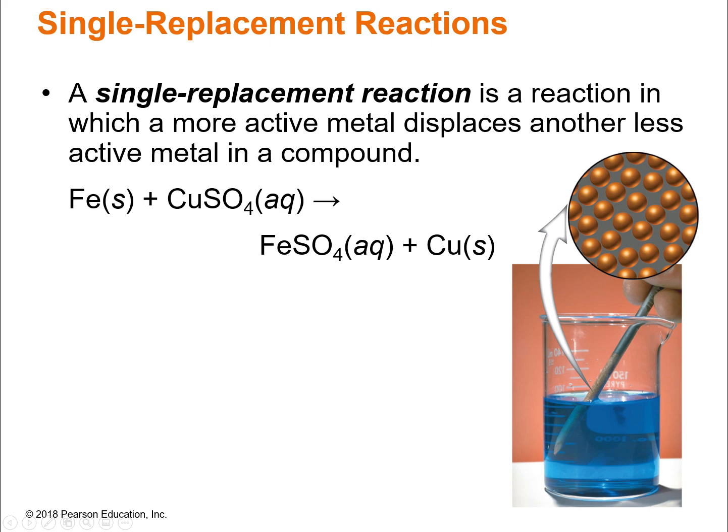Next, we have single replacement reactions. Here, what we're looking at is a more active metal displaces another less active metal in a compound. So let's say that I've got some iron, and I want to add that to a solution of copper II sulfate.